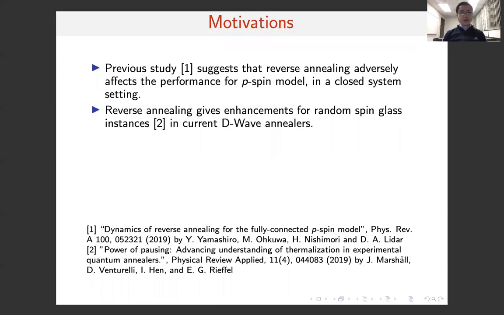One previous study suggests that reverse annealing adversely affects the performance for the PSP model in a closed system setting, while a second study shows that reverse annealing actually gives enhancements for random spin glass instances in D-wave experiments. So we would like to see if the open system effect in experiment is the mechanism that gives rise to this enhancement.